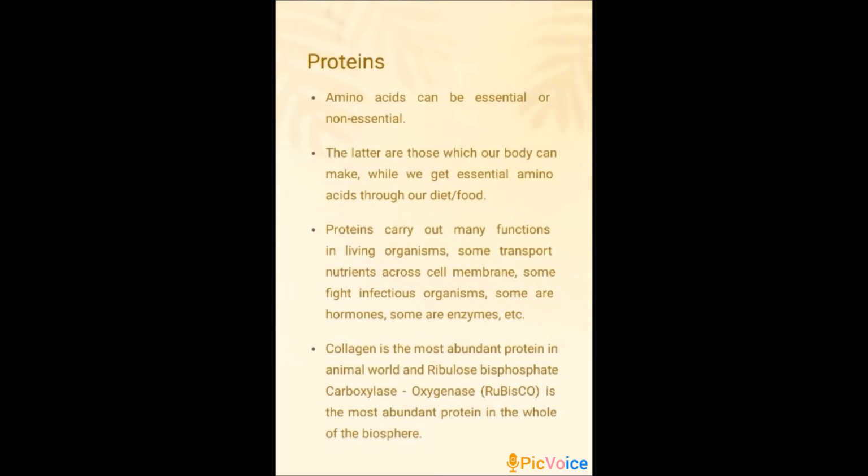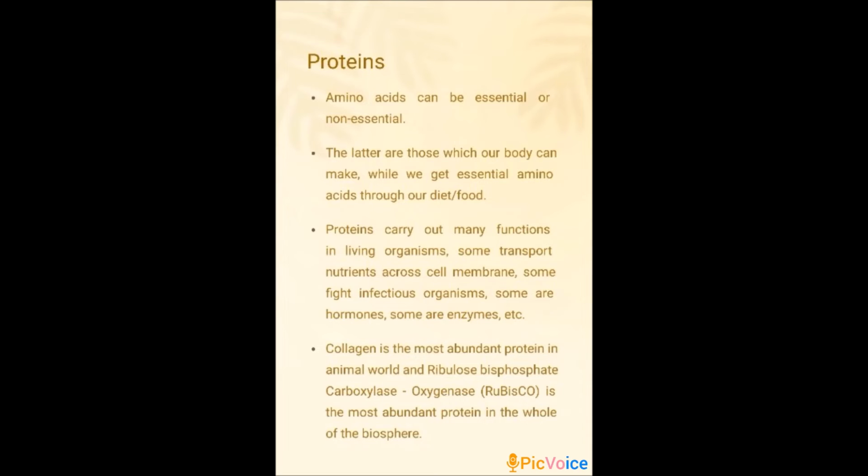The non-essential ones are those which the body can make, can produce, whereas the essential amino acids cannot be produced in our body, they have to be taken through food or from our diet.